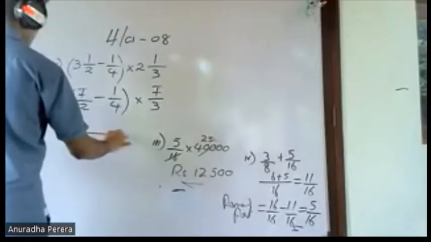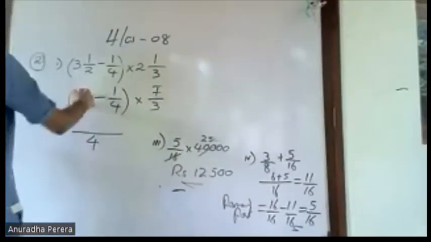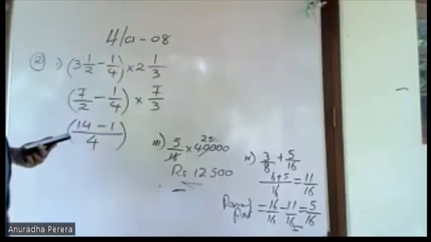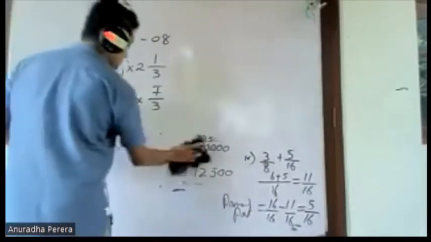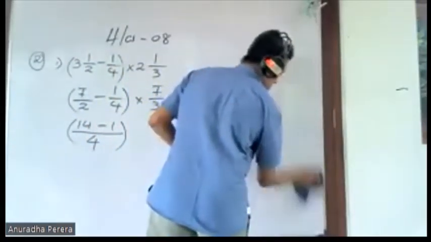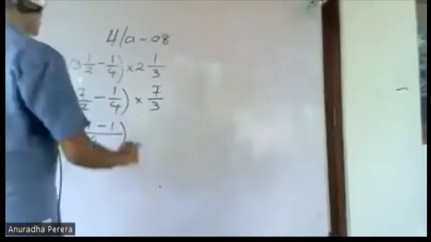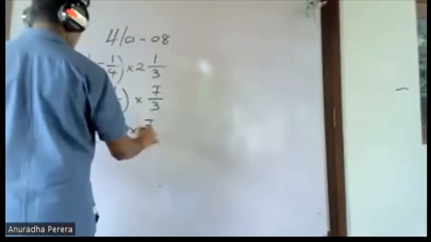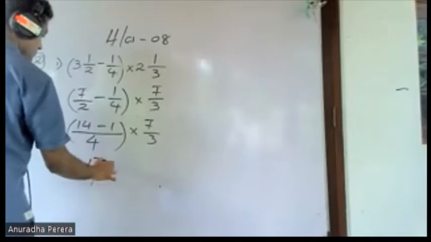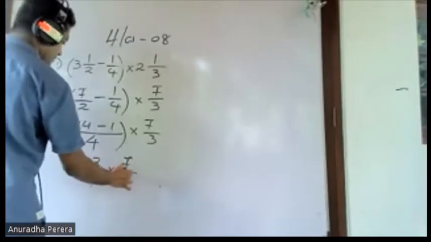Common denominator 4. 4 over 2, 2 is 14 minus 1. 13/4. 7/3.